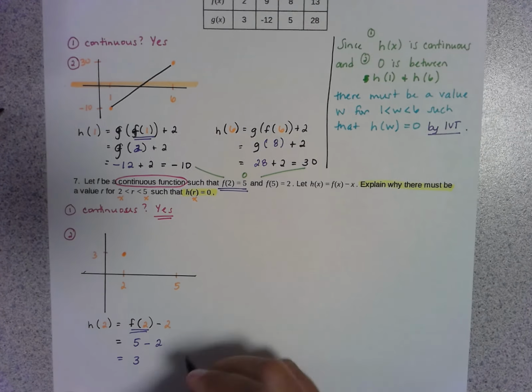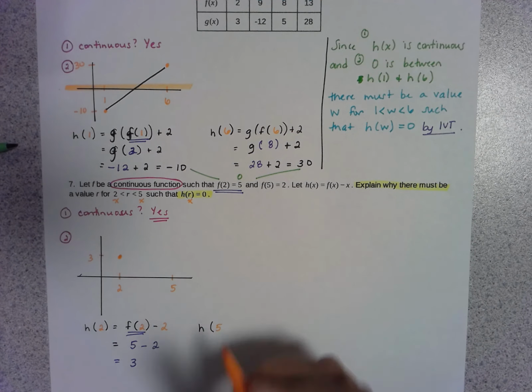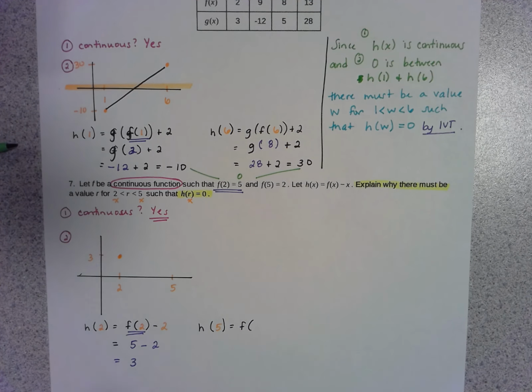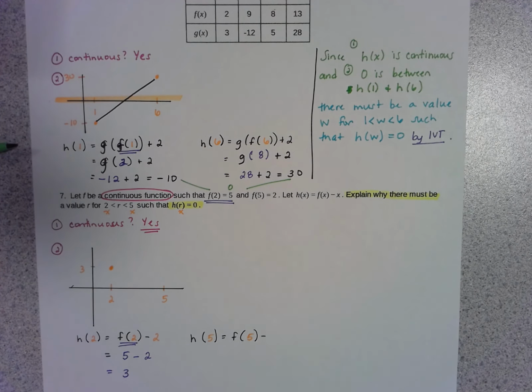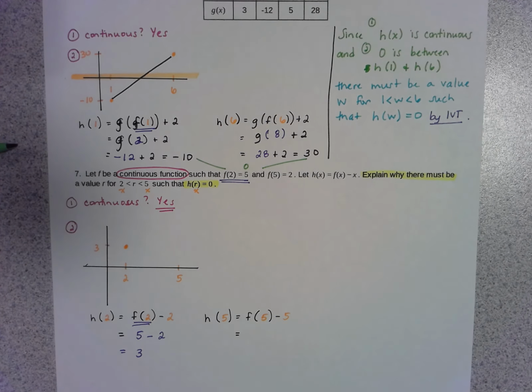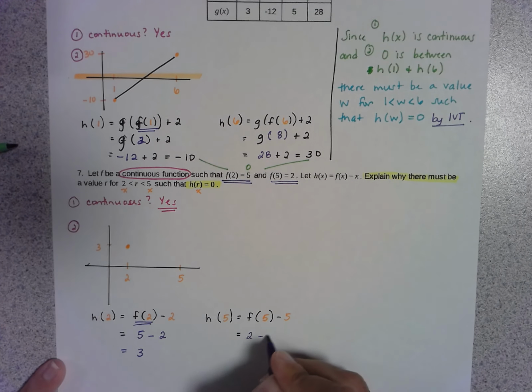Next, I'm going to find h of 5, which would be f of 5 minus 5. And again, f of 5 was given to me in the instructions. F of 5 is 2, so I would have 2 minus 5, which is negative 3.